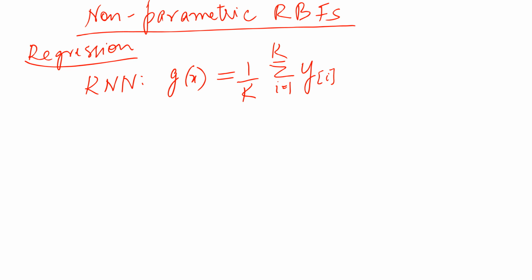For example, the closest point is 1, then 2, and so on. Or another way of writing it: if this 1 over k means the weights are uniform, we can take this 1 over k inside, and that would be a weighted sum.